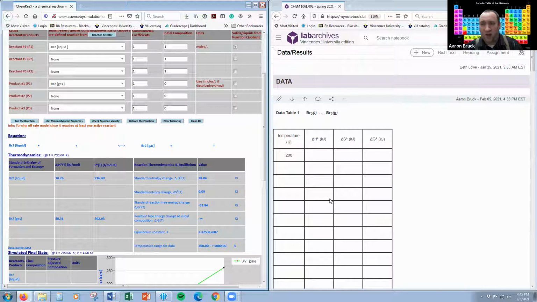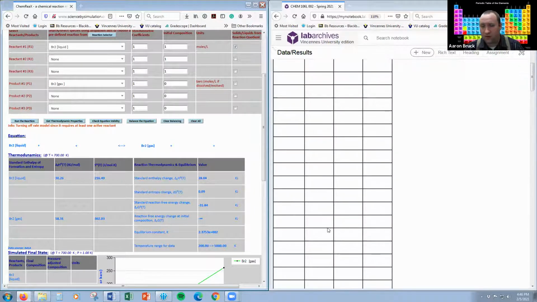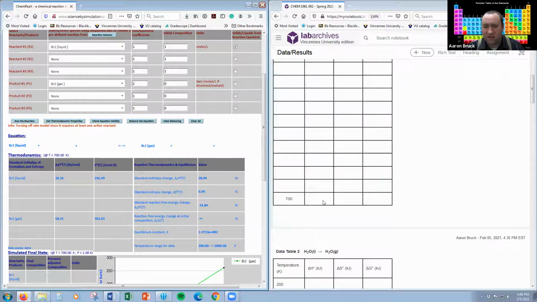You don't want to pick 200, 201, 202, 203, 204, 700. Spread them out. You don't have to spread them out exactly, but spread them out. Make sure that you get 300, 400, 500, 600. Make sure that you get all the 50 values. Make sure that you get some of the values in between. And by the time you know it, you'll run out of data points to collect.